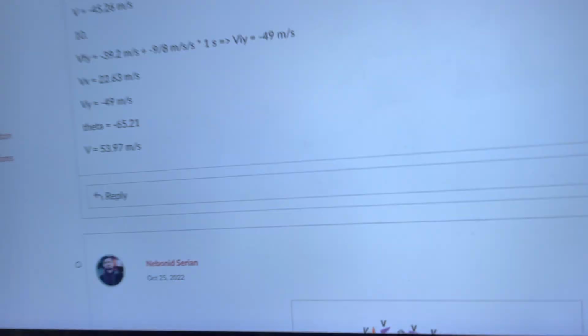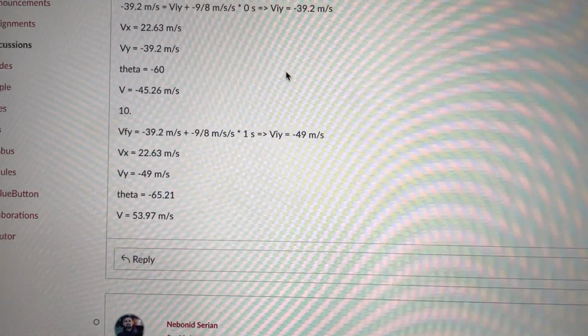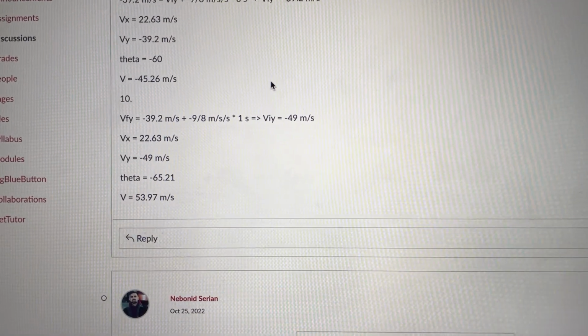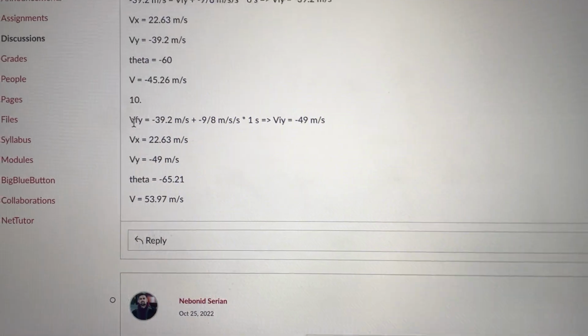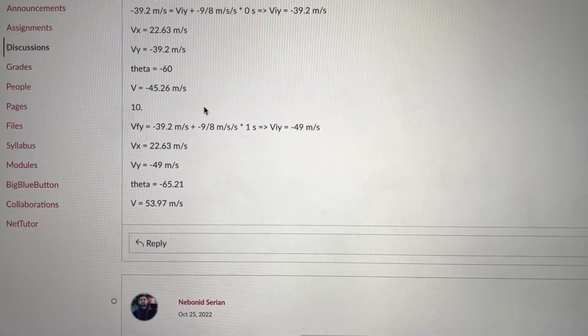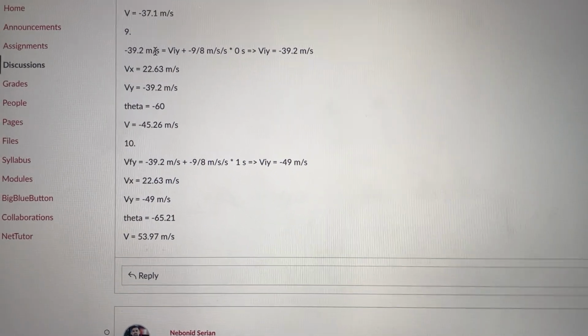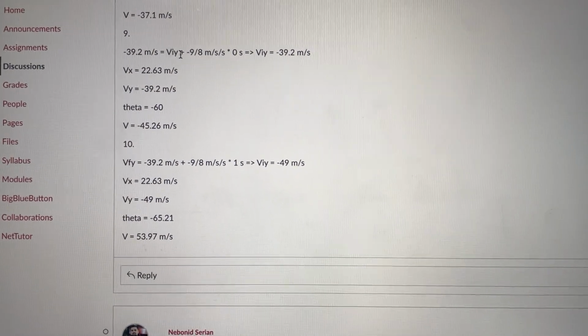And in order to find the final point, I actually used this formula right here. Basically I switched it around, because for the previous ones I had the final velocity and wanted to find the initial velocity.